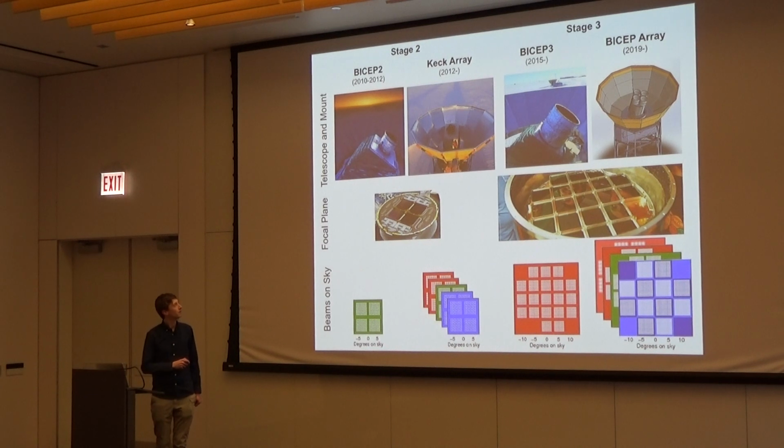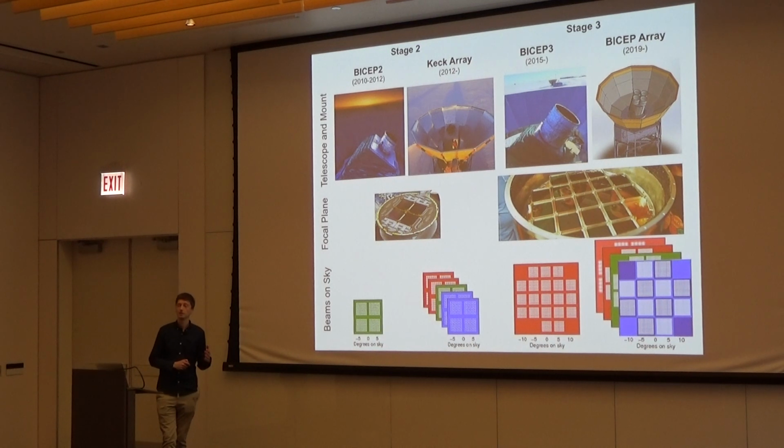So this was then followed up by Keck Array, and here's this picture of Robert again. And so the idea behind Keck Array was to take the BICEP 2 telescope and replicate it 5 times, hence the 5 telescopes that you can sort of make out in this image.